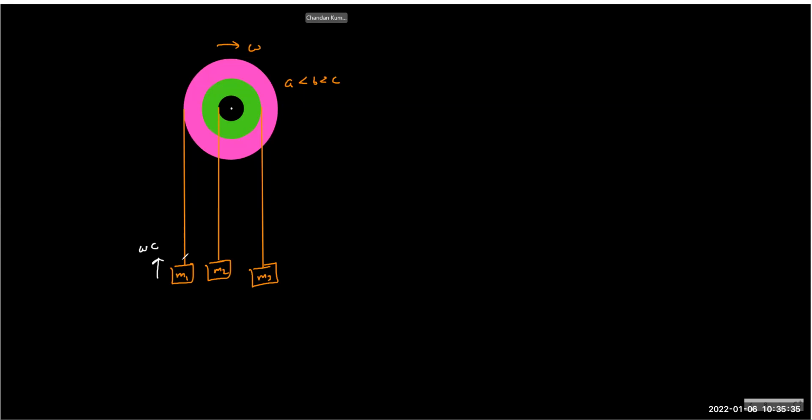Omega C. M2 goes up, velocity omega A. And M3 goes down. Okay, I've taken a bad labeling. So let's call it M1. This looks nice. M3, M2. So now M2 will go down, velocity will be omega B, correct?